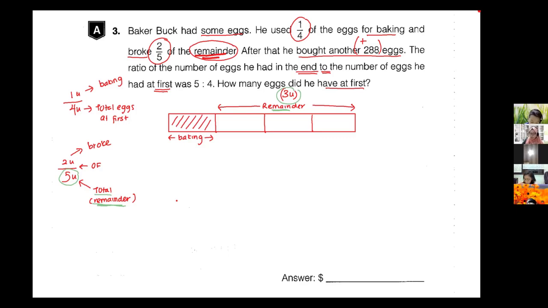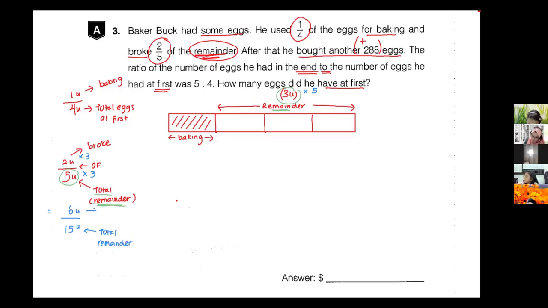So what must I do? I have to make it the same. So I times 3 here, I times 3 here. Over here, I know has times 5. So this fraction will be 6/15.